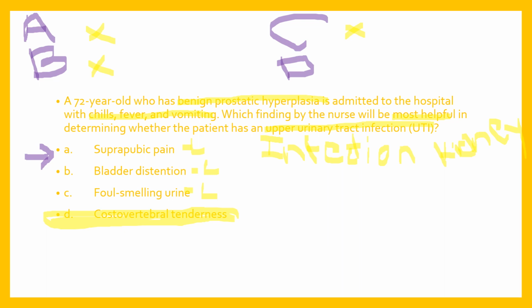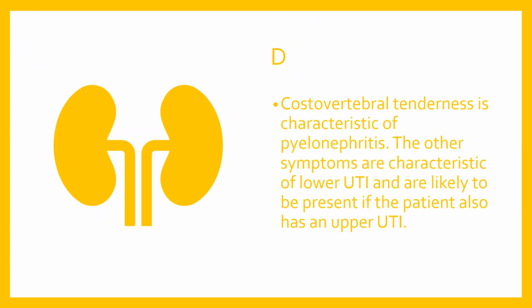When you check CVA tenderness, your patient is going to be very uncomfortable when you do this exercise on them. So please be aware of that and educate them on why you're doing it, okay? All right, next one, D, and we know the other ones are all lower, okay?